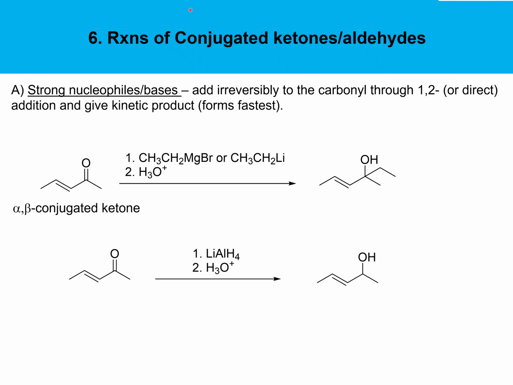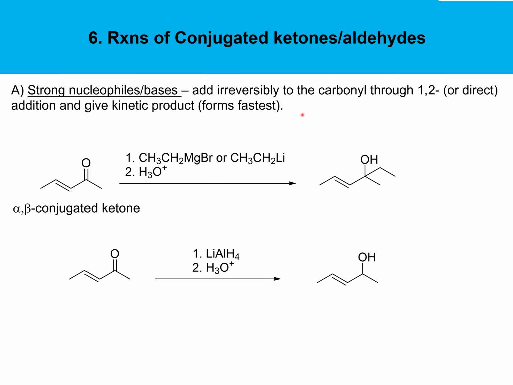Strong nucleophiles like Grignards and organolithiums will add irreversibly to the carbonyl of an alpha-beta unsaturated carbonyl, such as the one shown here. In this example, the ethyl group will be transferred to the carbonyl carbon and give you a tertiary alcohol with an extra ethyl group.